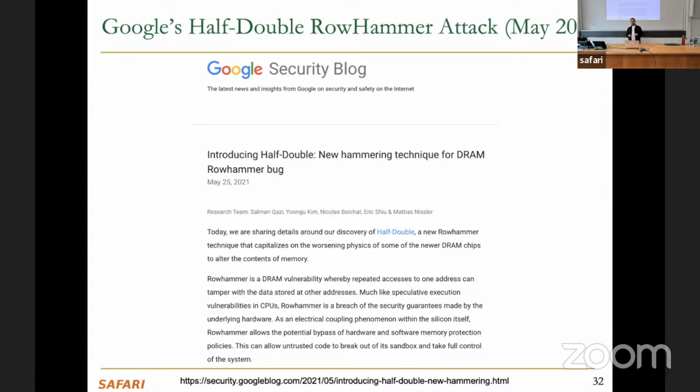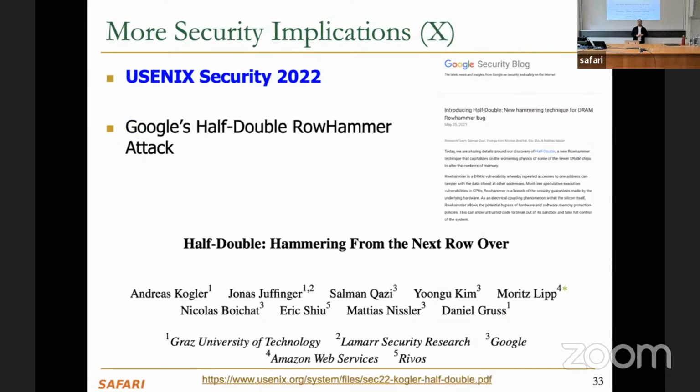It was a security blog post, and then it became a paper in a top security conference in 2022. That basically shows that you can induce bit flips in an easier way by hammering rows that are not next to you, but at two rows distance.